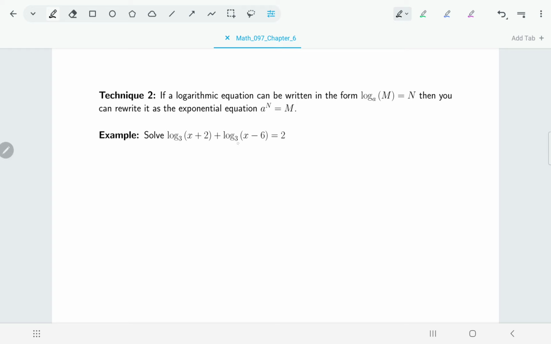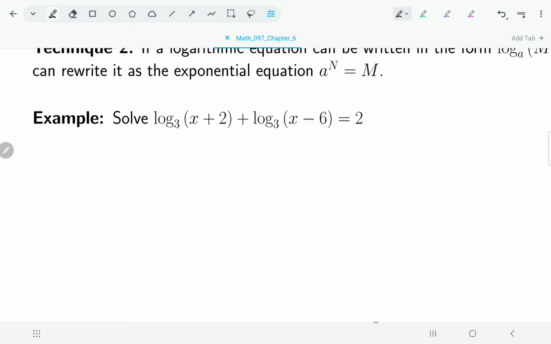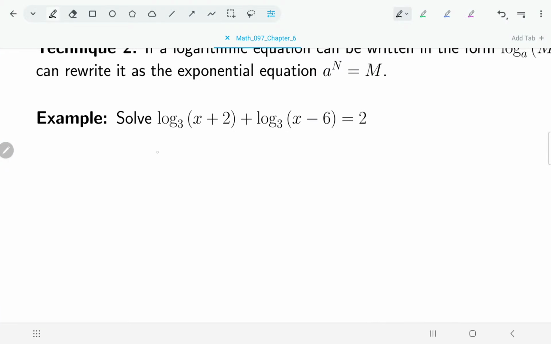On the left side of the equation, we have 2 logs, both with base 3 added to each other. So it's not just one log equal to a number, it's 2 logs added equal to a number. But good news for us, since these both have the same base, I can use one of my properties for logarithms and say that it should be log base 3 of these 2 insides multiplied together, log base 3 of (x + 2)(x - 6).